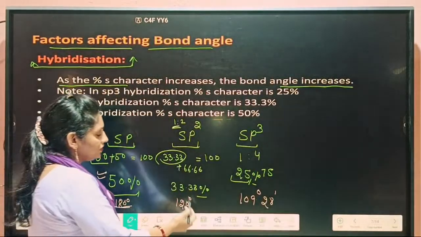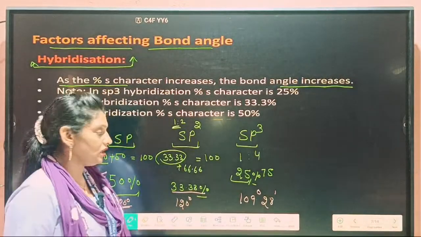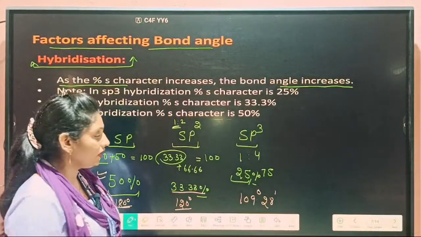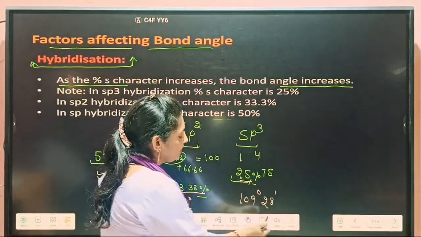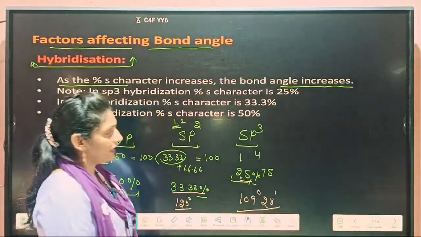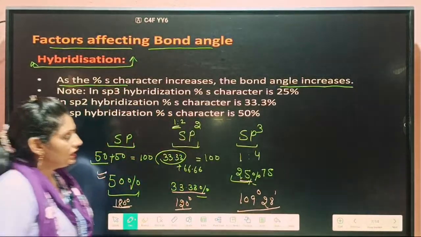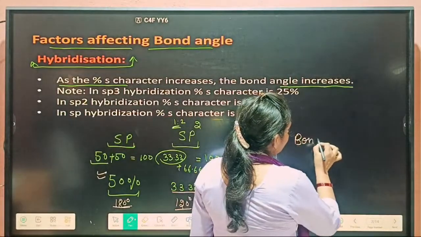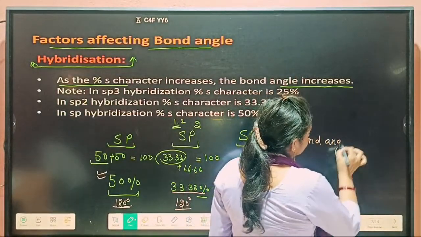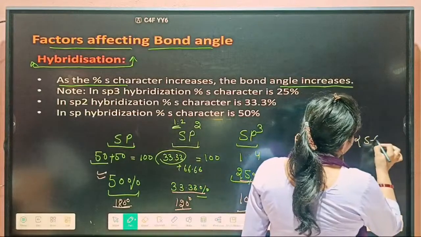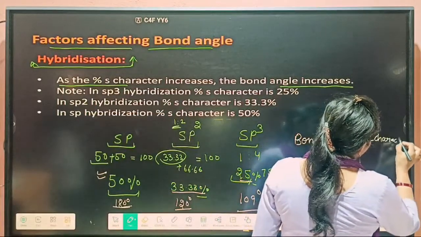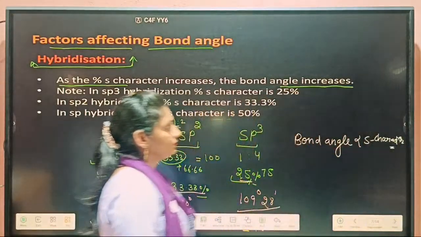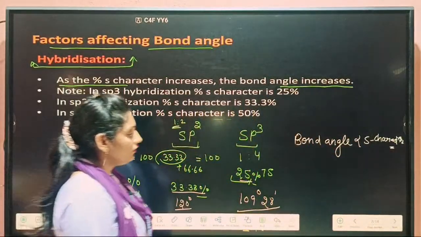In sp2, s character is 33.33, less than this, so the angle is also less. In sp3, s character is minimum, so this is also the smallest angle. So students, bond angle is directly proportional to the s character. This is one factor.